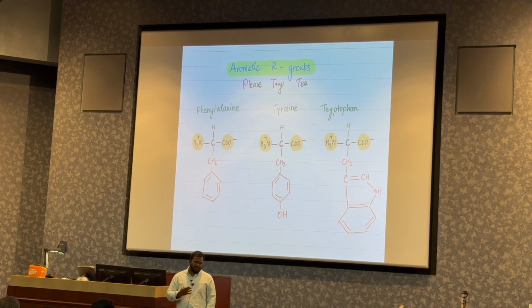So I can remember this phrase and also remember the functional group that tyrosine has in addition to phenylalanine. So you always remember this phrase or write it down. Tyrosine is hydroxylated phenylalanine. Hydroxylated means they additionally have a hydroxyl group in them. If you have questions, you can stop me in between.